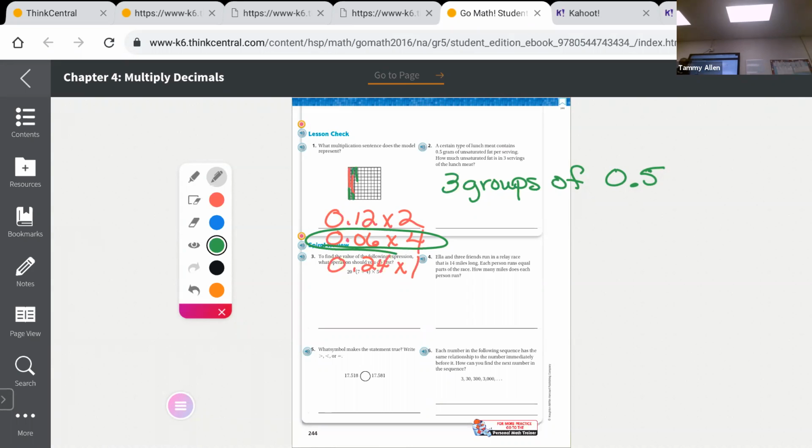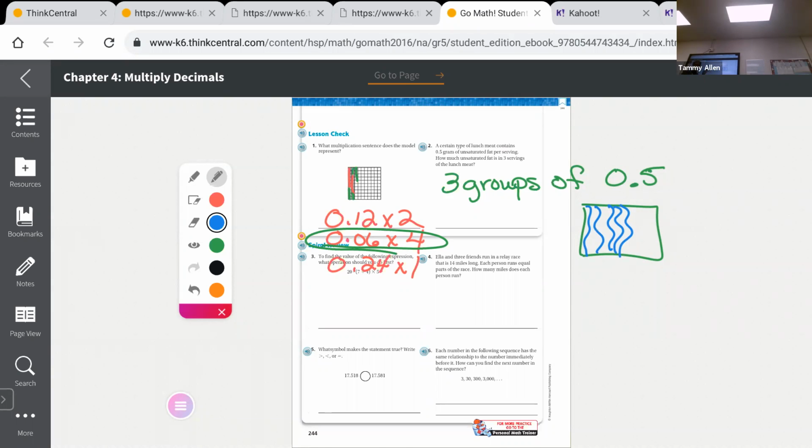If we have 3 groups of 5 tenths, and we were showing it in our grid, how would I show 5 tenths of that? 5 squares? Not 5 squares. 50 squares. Because 5 tenths would be a whole stick. That makes sense?